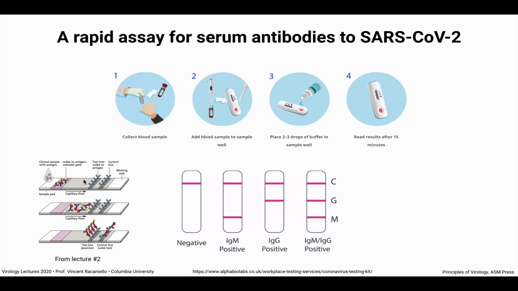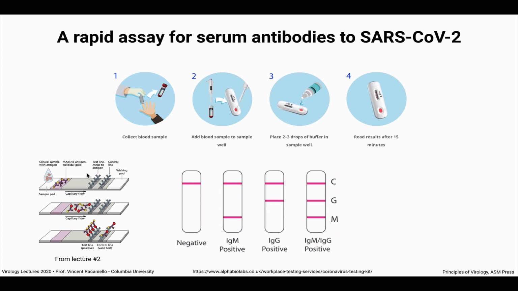You'll have one line of antibodies that will bind IgM, and then you'll have a second line of antibodies that will bind only IgG. They will bind the Fc portion of the antibody that's present in your blood. Those antibodies will have been captured by antigen present here. So as the antigen is moving down with your antibodies bound, if they're IgM, they will be bound there.